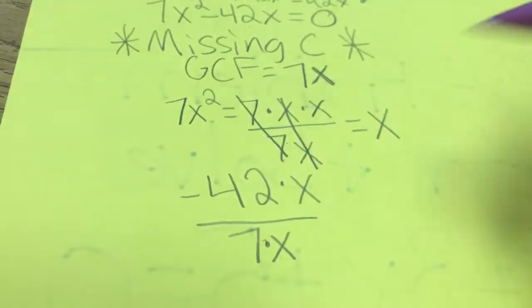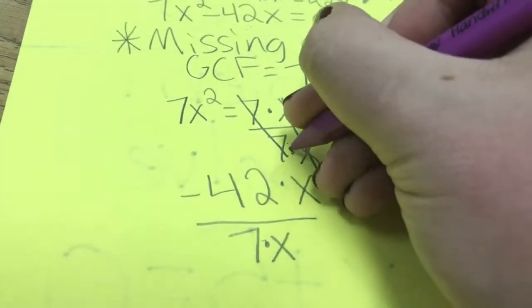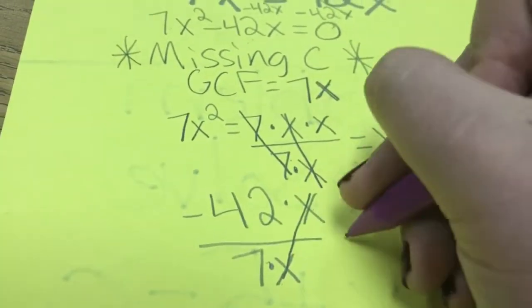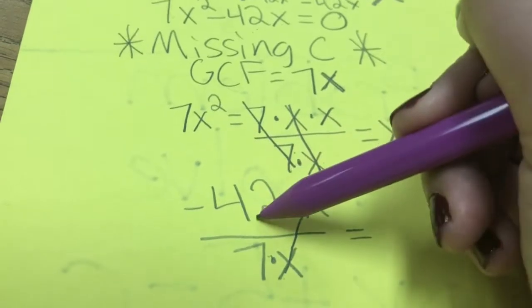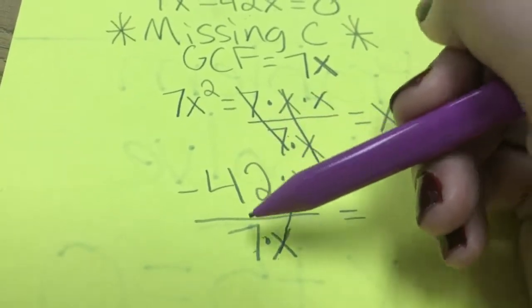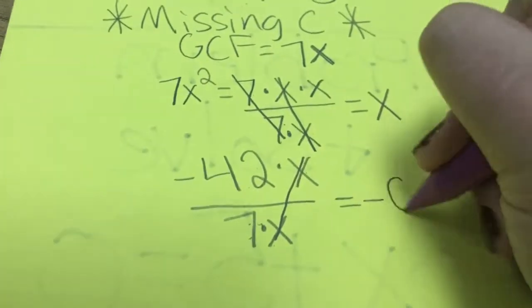And you can put multiplication in there if you need to. X divided by x cancels out. Then I have to do negative 42 divided by 7. Negative 42 divided by 7 gives me negative 6.